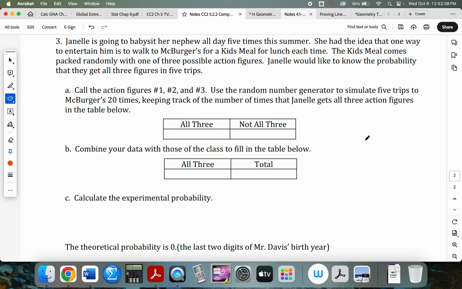So we're going to call the action figures action figure 1, 2, and 3. On this one, I'm going to do the random number generator just because it'll be faster, because I can do it on a calculator where it'll generate 3 random numbers at a time. Okay? So, let's take a look.